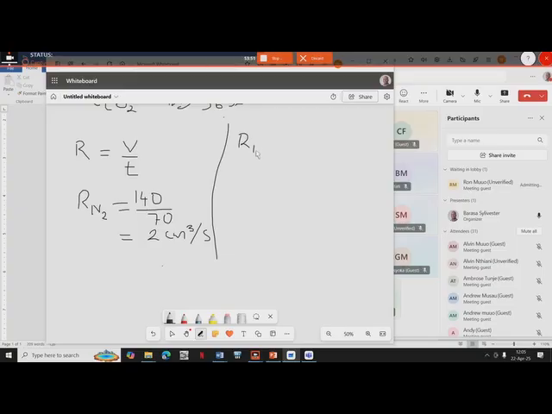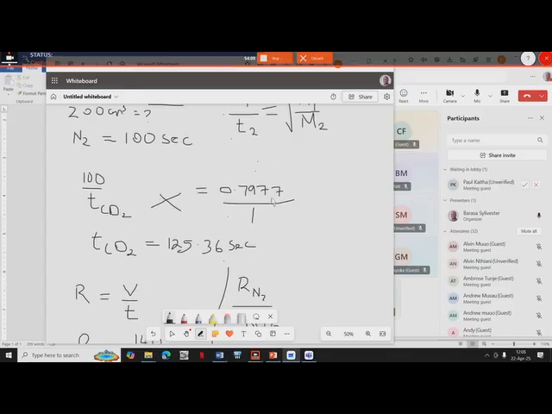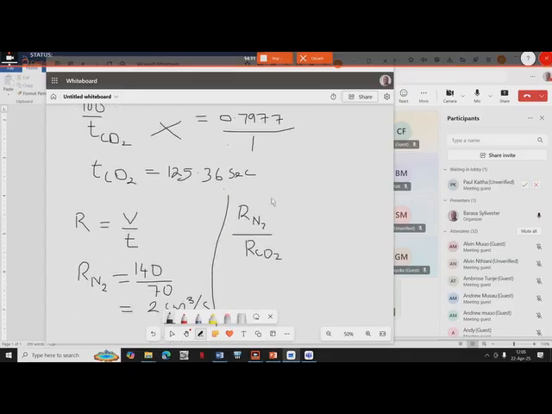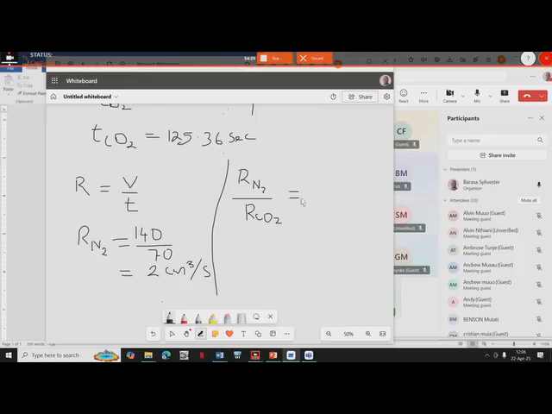So nikiwa na hii naweza tumia ile formula ingine, ile formula ya rate na mass. So naweza tumia hii ya R1, where R1 is now the rate of diffusion of nitrogen gas, over R2, the rate of diffusion of the other gas, which is CO2. Is it CO2? Let me confirm. CO2, yes.